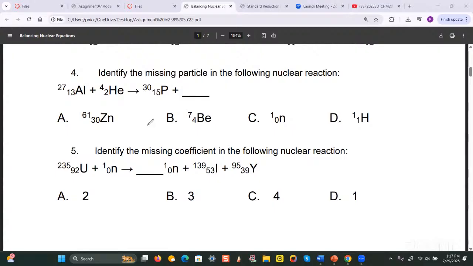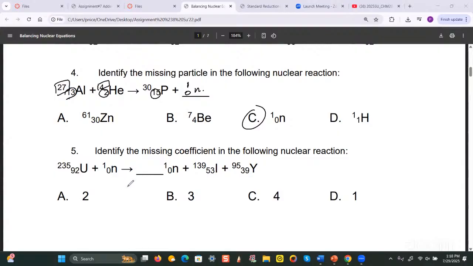Because the atomic number, this is 13 and 2, so that's 15. So you have 15 here, so whatever it is here should be 0, right? And then the top part, the mass numbers, 27 and 4, that's 31, which means that over here you should have 1. So therefore, the only species that fits that would be the neutron.